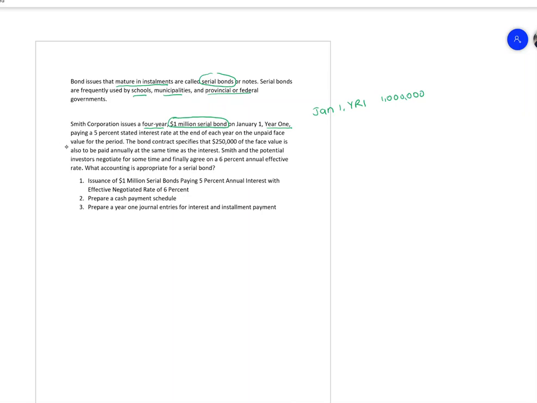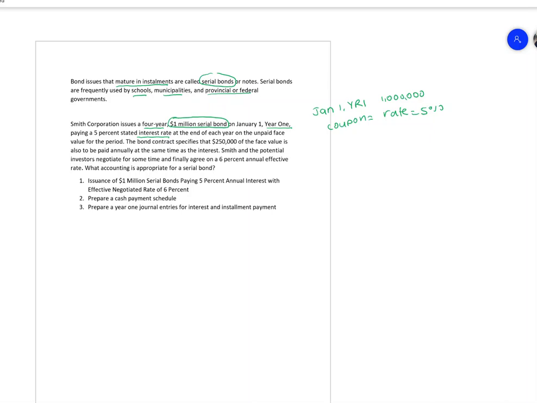They're paying a 5% stated interest rate. In this case, the stated interest rate is the same as the coupon rate, so the coupon rate is 5%. The requirement of the bond is that the interest has to be paid at the end of the period.